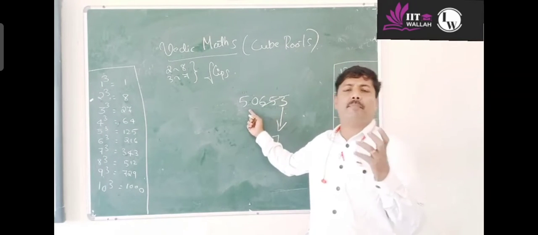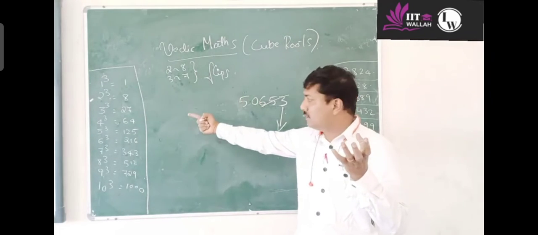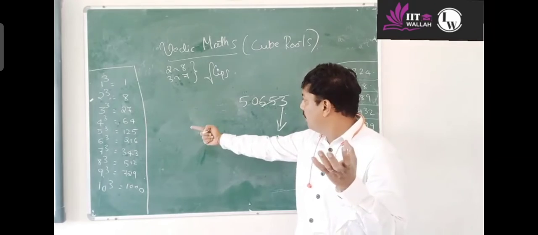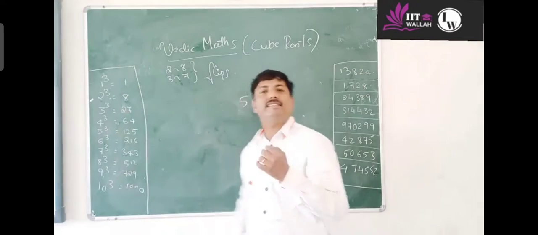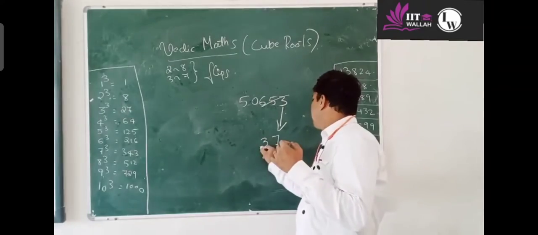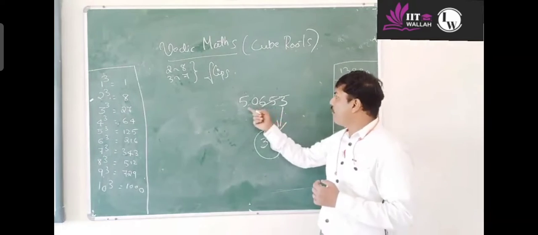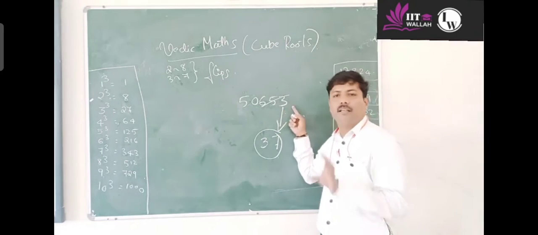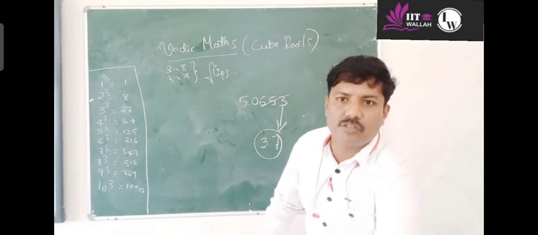Which number is the perfect cube nearby 50? From the table you can see, 27. So the root of 27 is 3. Got it? So the cube root of 50653 is nothing but 37. Understood?